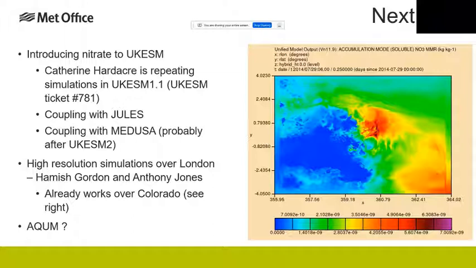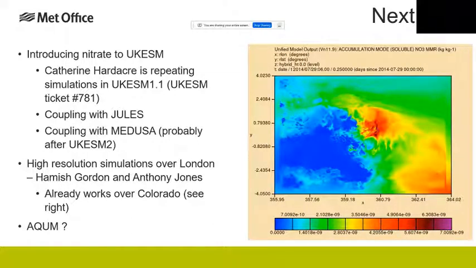The next step is to start introducing nitrate to UKESM, and Catherine Hardacre has picked this up and is repeating these simulations in UKESM1.1 AMIP. And then we've been thinking about coupling with the land surface and with the ocean biogeochemistry, hopefully in time for UKESM2, but we'll have to see how step 1 is progressing.